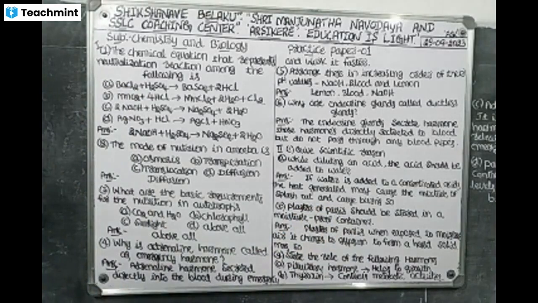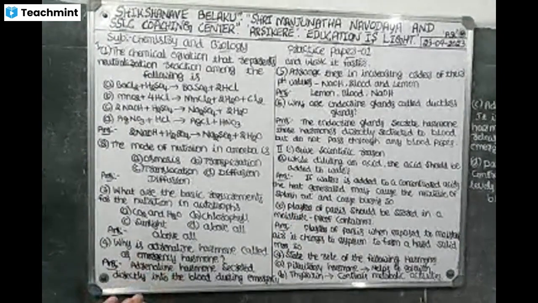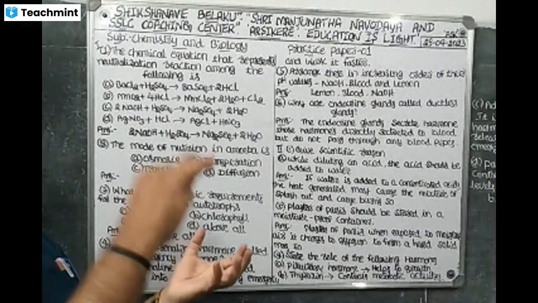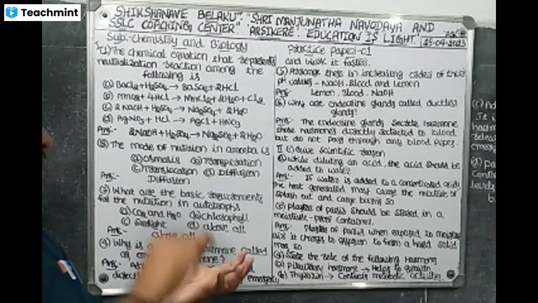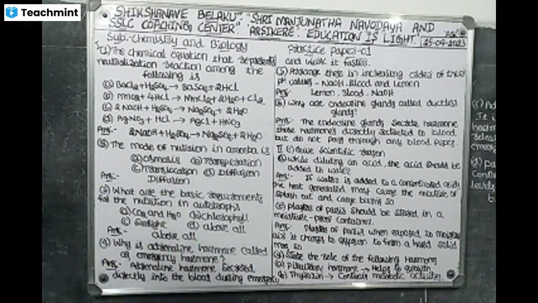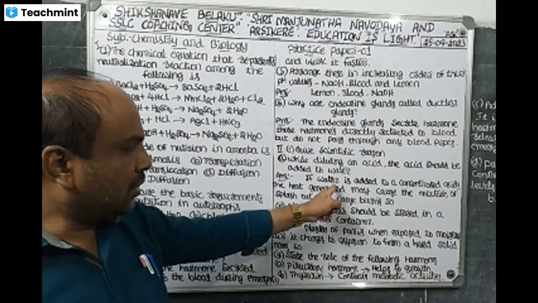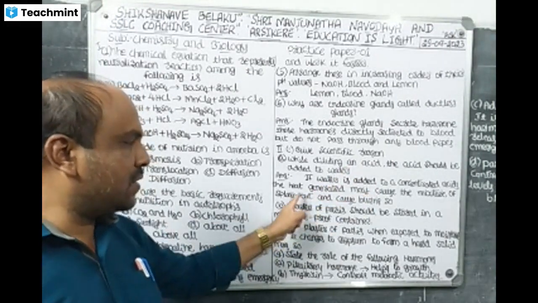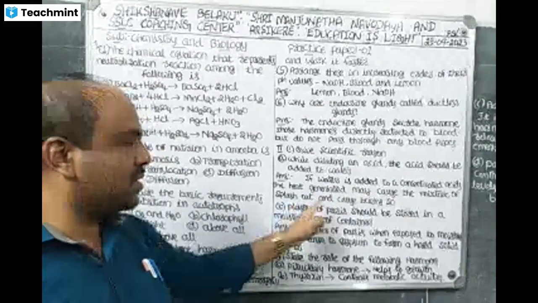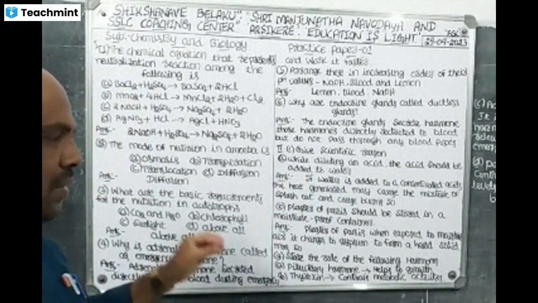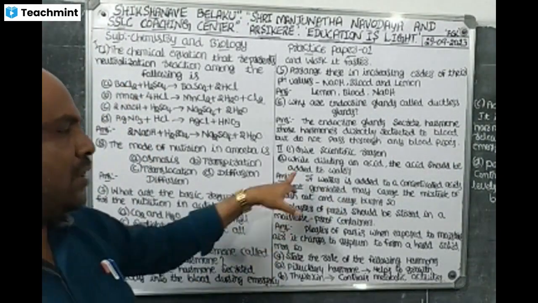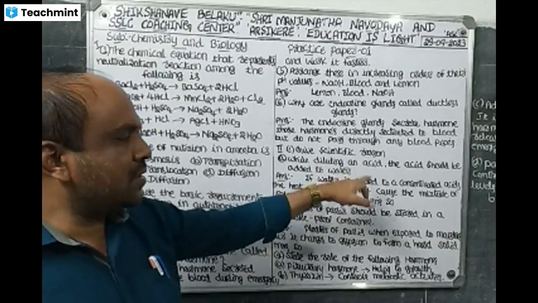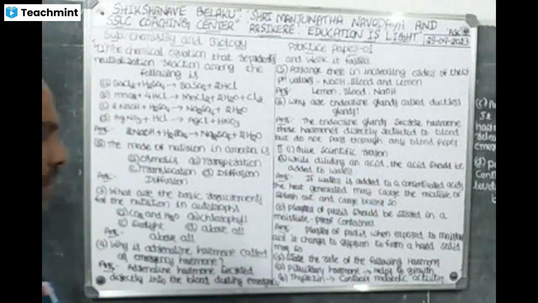For those reasons, you have to add acid to water, but not water to acid. To avoid heat, splashing and burns when diluting an acid, the acid should be added to water.